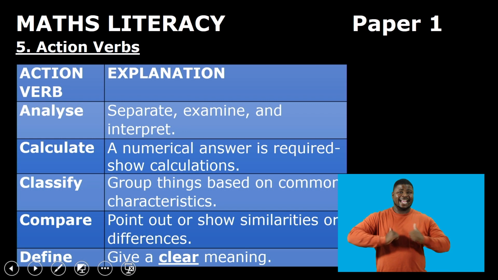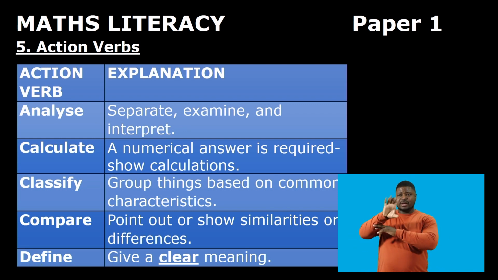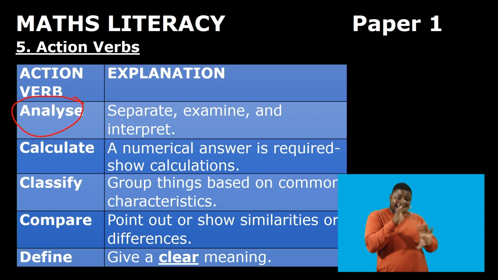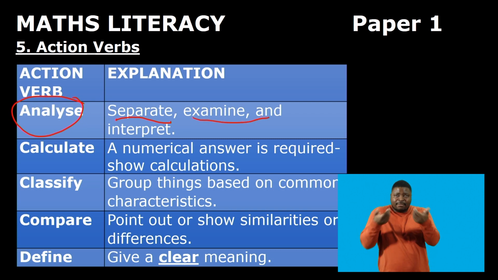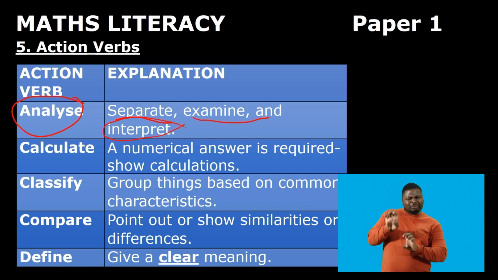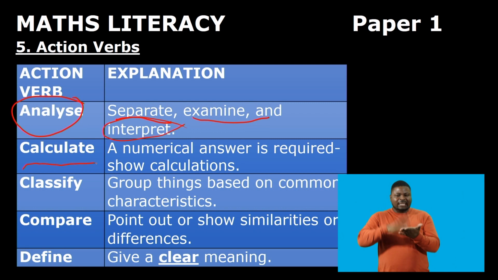The action verbs that you need to look out for, which will guide you to answer the questions, are: analyze, which means to separate, examine, and interpret. Remember, the moment they say calculate, it means a numerical answer is required, so you need to show your calculations.